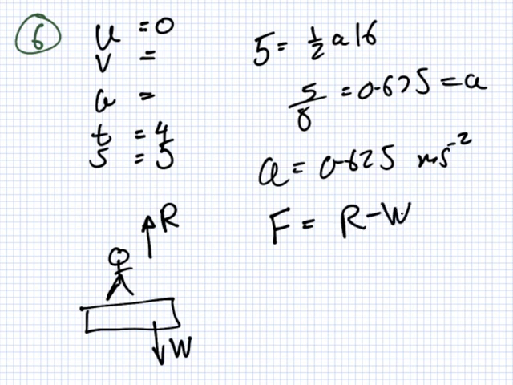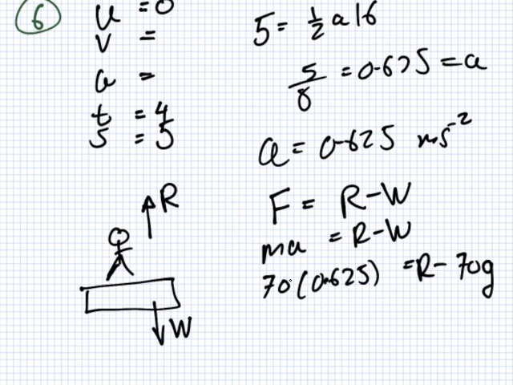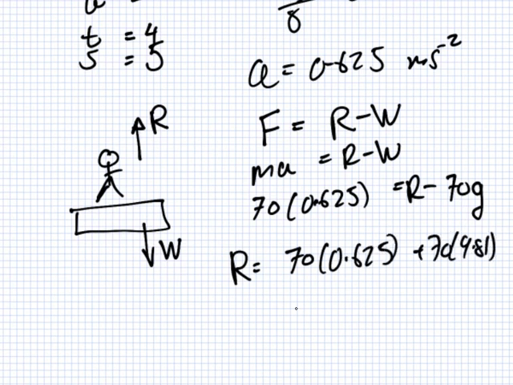So F equals R minus W, MA equals R minus W. M is 70, A is 0.625, and W is 70G. So R is 70 times 0.625 plus 70 times 9.81, 700.45. That's the reaction force.